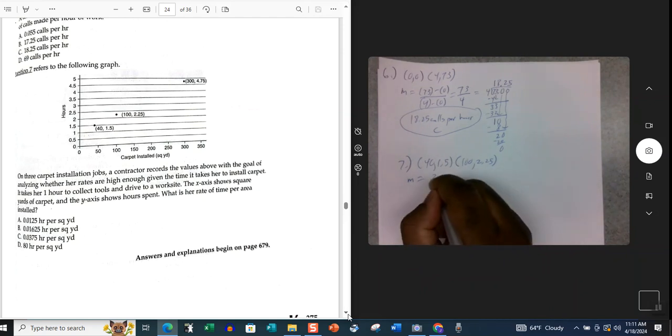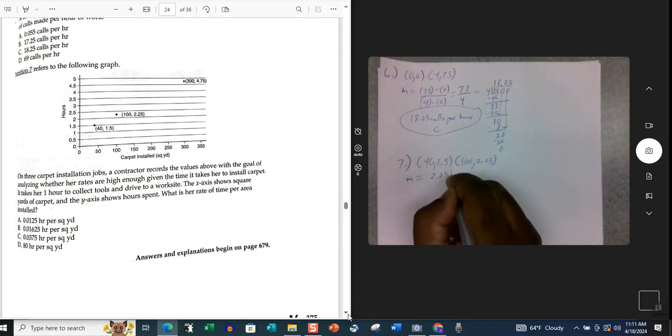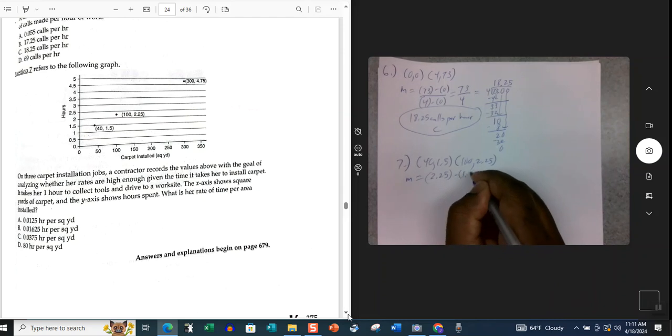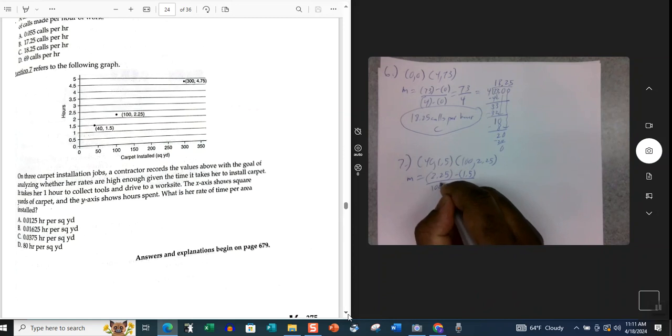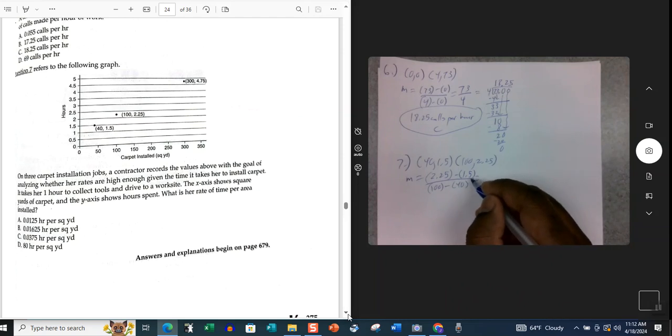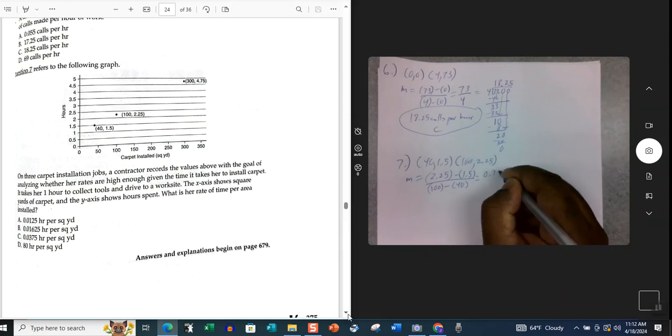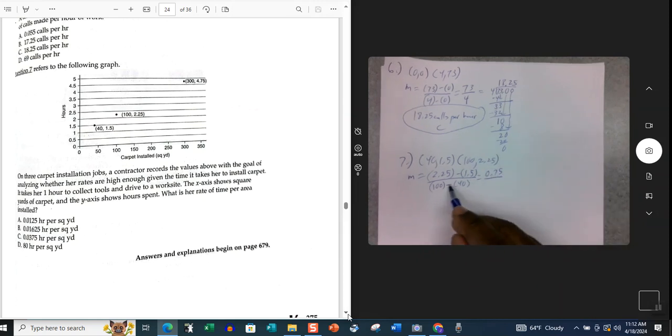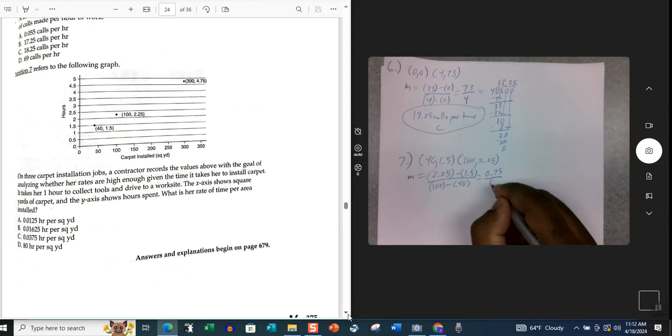We'll take y2, which is 2.25, minus y1, which is 1.5, all over x2, which is 100, minus x1, which is 40. So 2.25 minus 1.5 will give us 0.75, all over 100 minus 40 is 60.